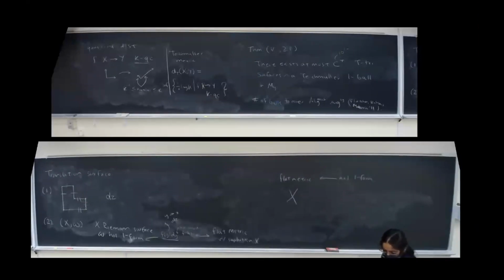Okay, so what we're going to do is, for a moment, consider the triangulations that do come from a holomorphic one form. I'm going to call by combinatorial translation surface triangulated surfaces that are also translation surfaces, in a compatible sense.